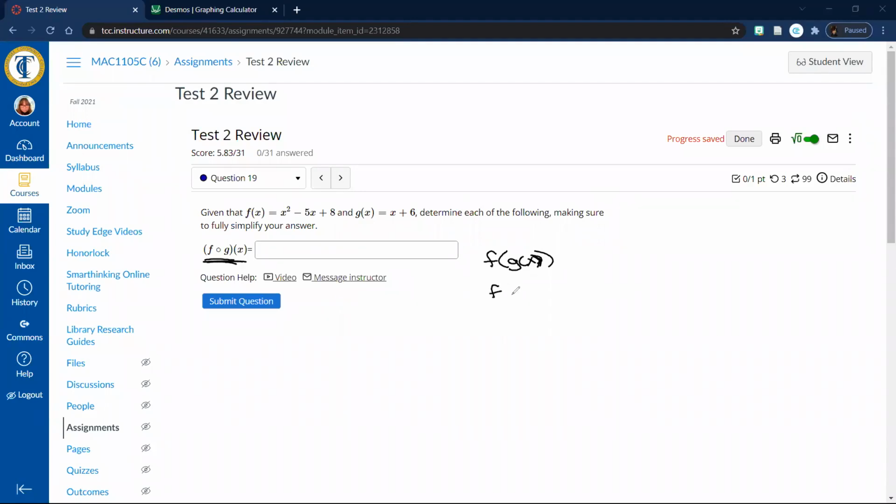So if we have f of x equals x squared minus 5x plus 8, then f of g of x is going to equal that squared minus 5 that plus 8. You guys see it? And what is our g of x?